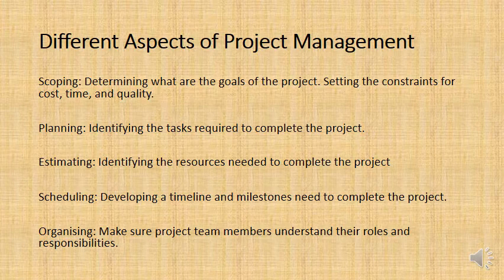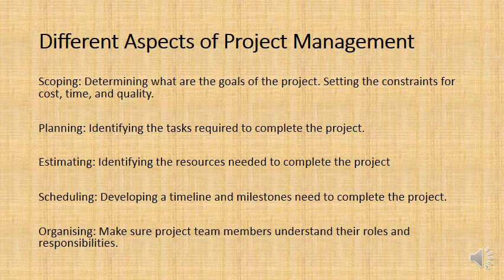And then organizing, that has to do with making sure that all the project team members, and they can be a lot. Just look at the Hoover Dam. 21,000 people worked on that. But even on smaller projects, on the Millau Bridge, there were 600 people employed just for construction. I can tell you that when I worked on a motorway project in New Zealand, there were 200 people in the project team.